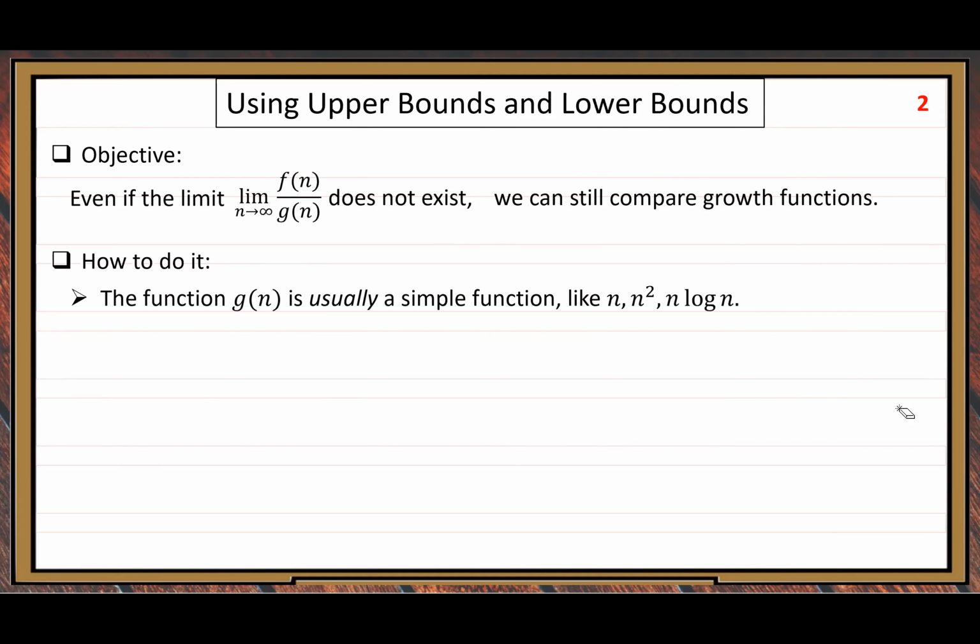The function g of n is usually a simple function like n squared or log n. Why do we usually use a simple g of n?